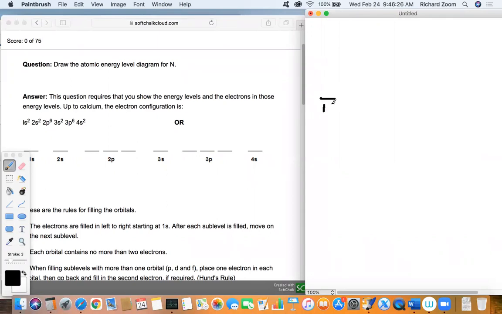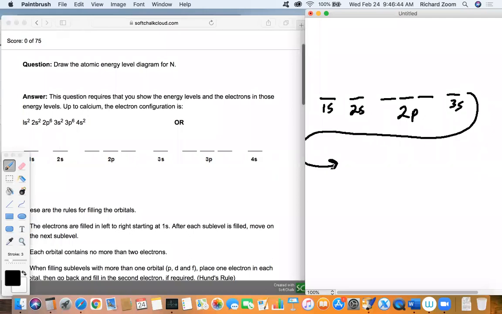And you'll see that what I've done here is laid this out by orbitals. So we've got 1s, 2s, 2p, 3s, and I'm coming down here because I'm running out of room. That'll be 3p, and then 4s.